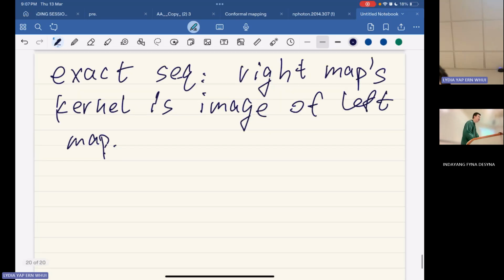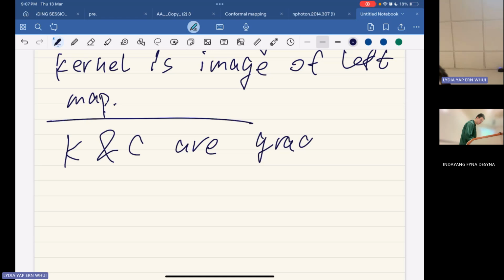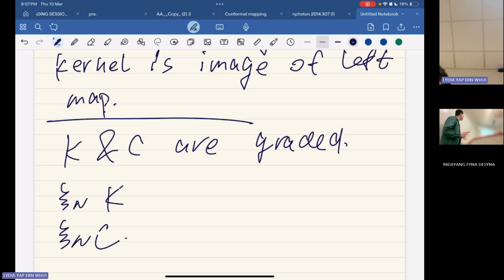And also we can see that we already showed that K and C are graded, right? And what is so special about these two graded modules? What if we multiply by x_n here? What are x_nK and x_nC? We can find that it is very amazing that these two things are both just 0.